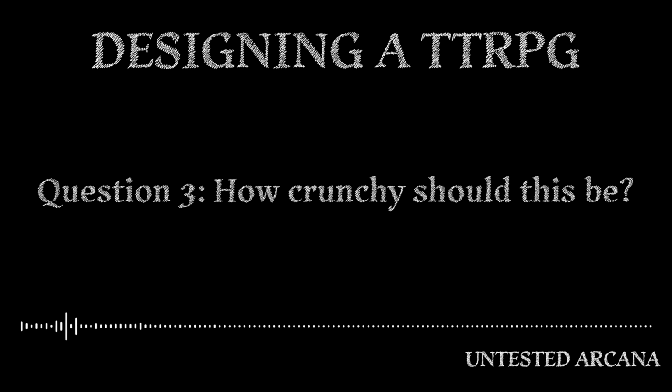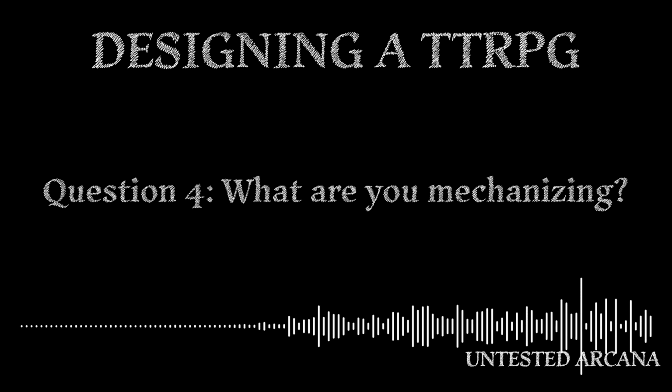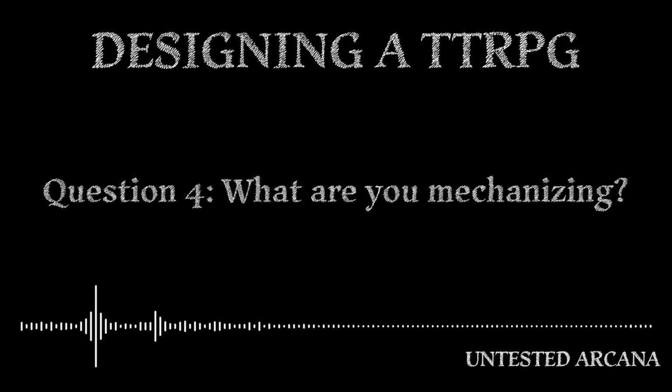And so having answered that question, I think a great thing to look at next is coming up with the things that you are going to mechanize and the things that you're not going to mechanize. What I mean by that is your game is probably going to have some rules that simulate something. Let's take 5th edition as an example. 90% of the rules in 5th edition simulate fighting.